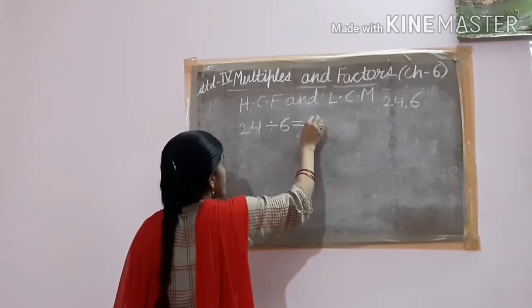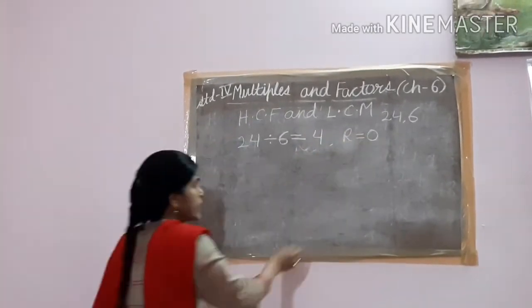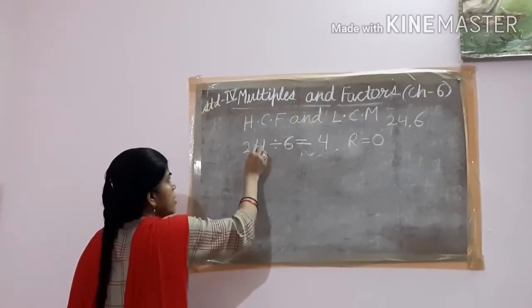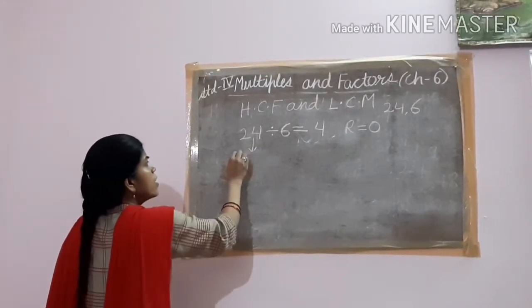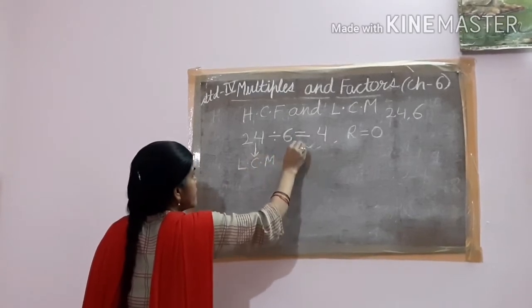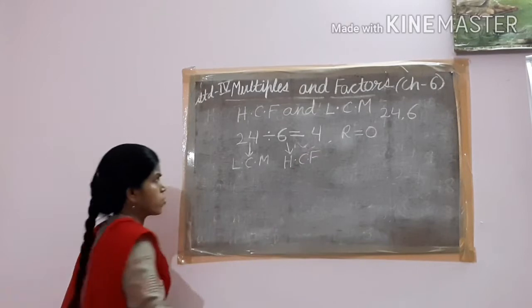Then the quotient is 4 and the remainder is 0. Yes children? Then what did I say? The bigger number is the LCM and the smaller number is the HCF. Then I have to prove it also.